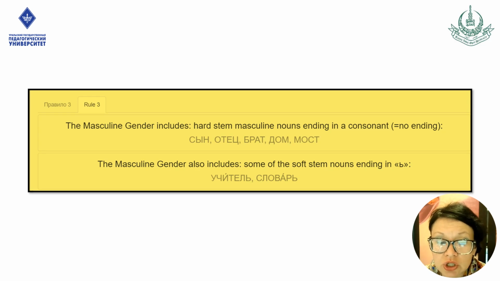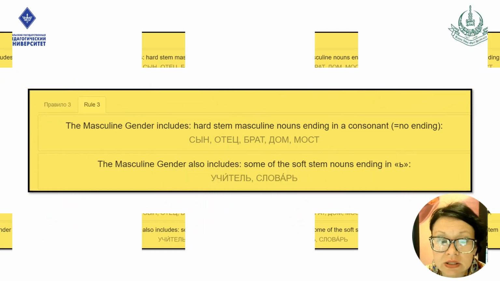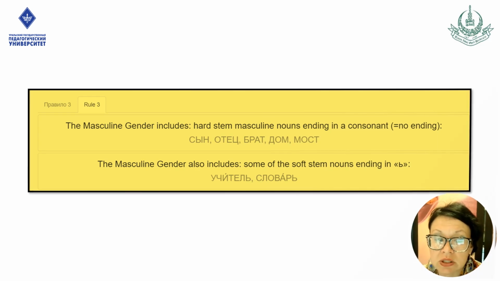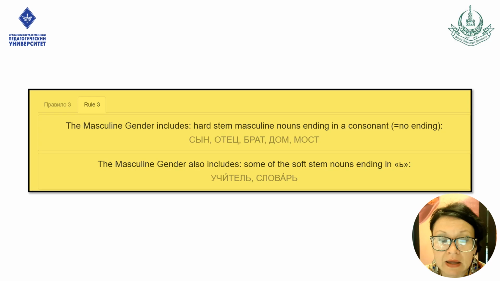The masculine gender includes hard stem masculine nouns ending in a consonant or zero ending, no ending. For example, such nouns as сын, отец, брат, дом, мост. The masculine gender also includes some of the soft stem nouns ending in a soft sign, мягкий знак: учитель, словарь.